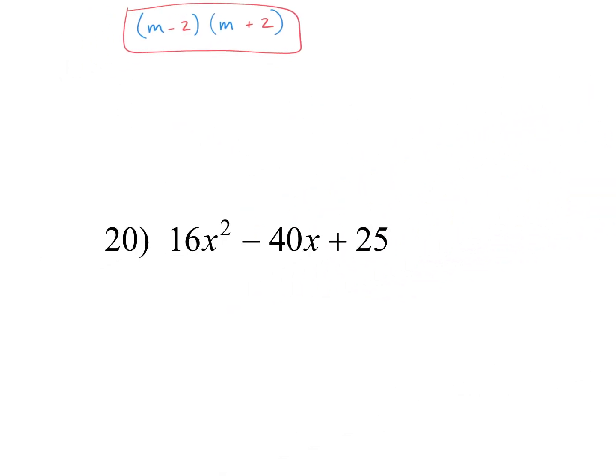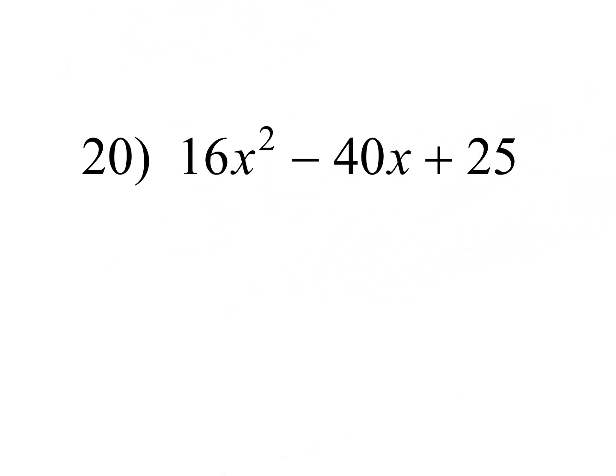All right. 20. Christopher, what times what gives me 16x squared? 4x times 4x. And Christopher, what times what gives me 25? So what's my answer going to be? 4x plus 5.